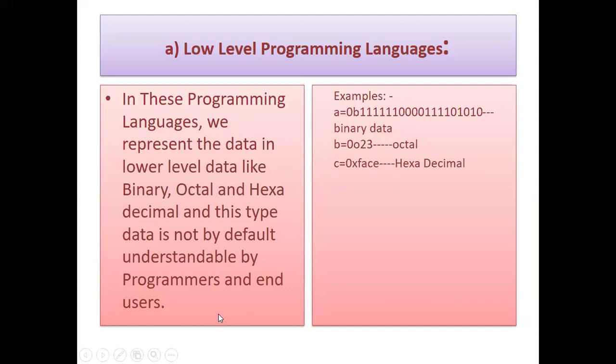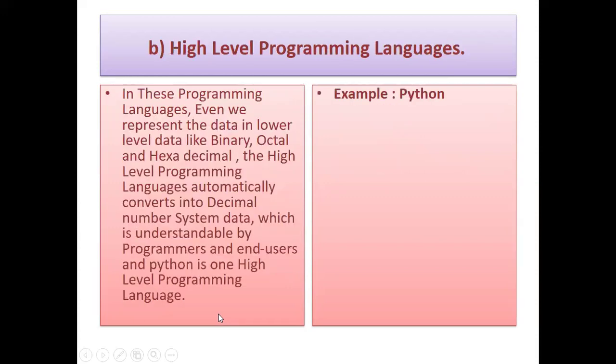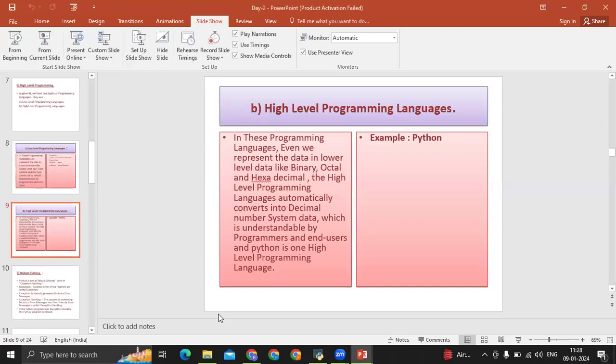But if we talk about the high level programming language, it converts the lower level data like binary, octal, and hexa into a form the programmer can understand. Let me give you the example of this.